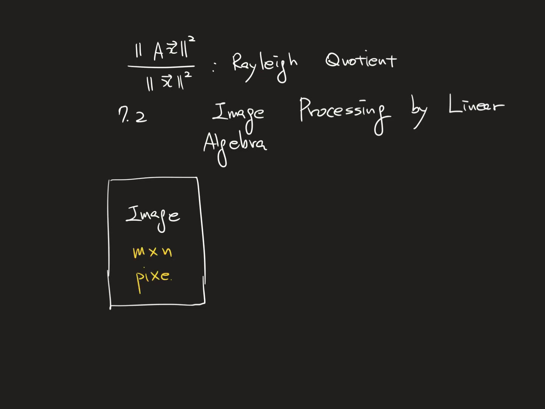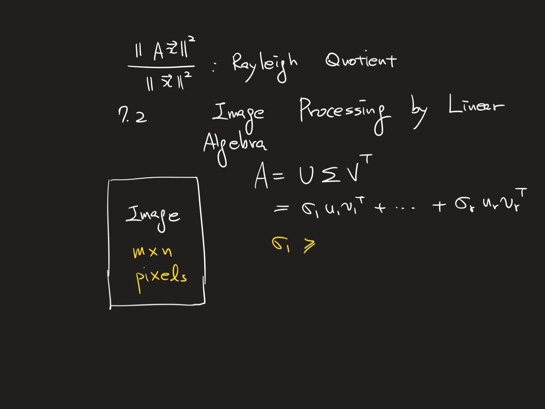So we have many pixels, and we know that A is U sigma V transpose, which is sigma 1 U1 V1 transpose plus and so on, plus sigma r Ur Vr transpose. The singular values are ordered, so sigma 1 is greater than or equal to sigma 2, and so on, and sigma r is greater than or equal to 0.